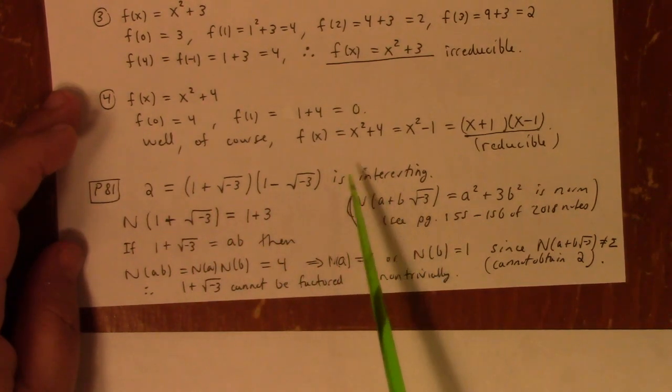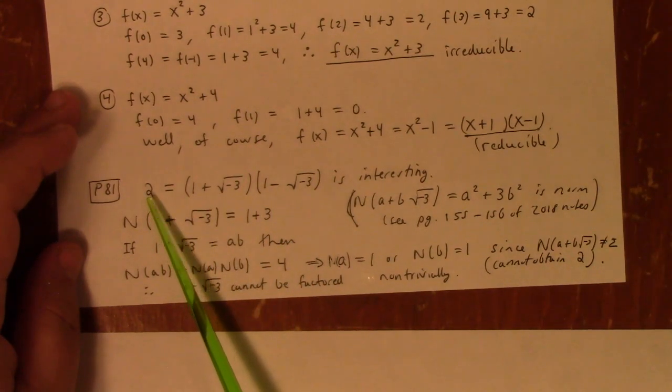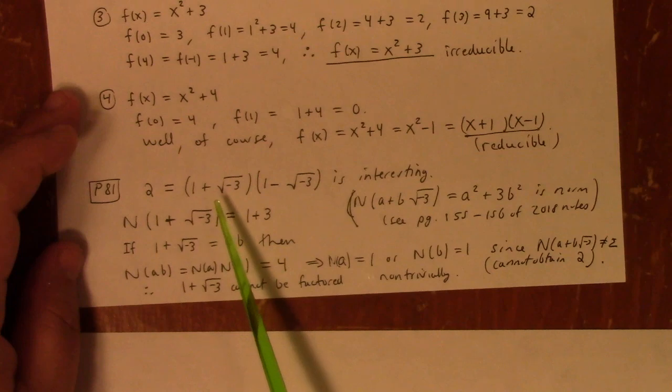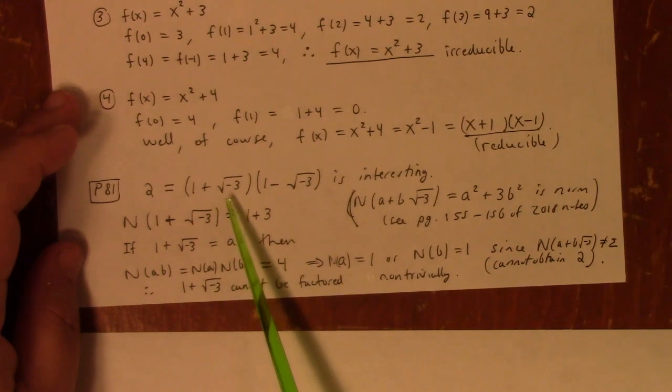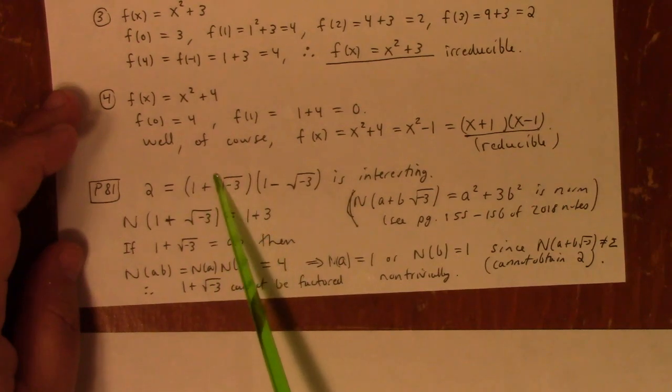Not actually part of your homework problem, just saying, all right? And this shows that 2 is not irreducible if we're working in the extension of the rationals by the square root of minus 3. Now, why are these not units? That's the question concerning problem 81.